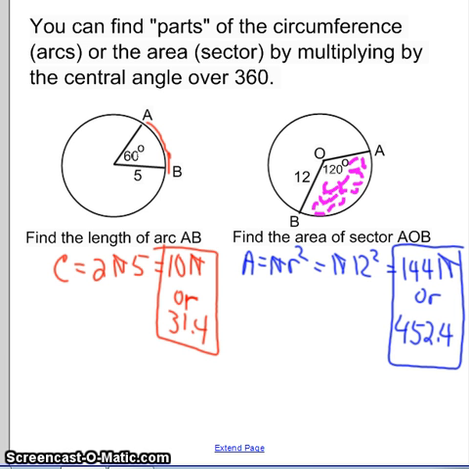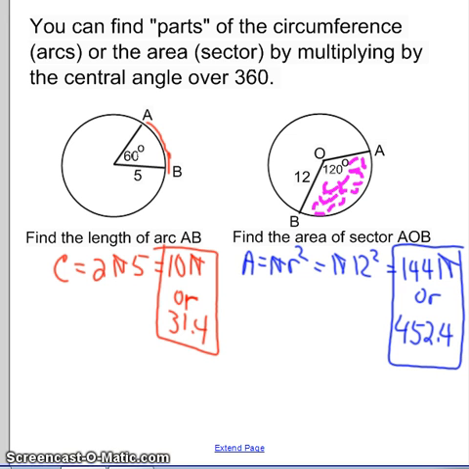We find the circumference of the circle on the left is 31.4 or 10 pi, and that the area of the entire circle on the right, since the radius is 12, is going to be 144 pi or 452.4. Our next step is to find out just the section of the circumference or the area that we're working with.